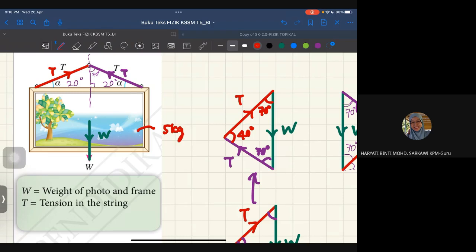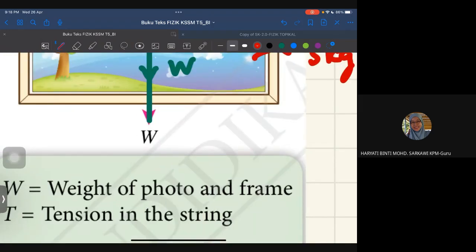You need to calculate W by using the formula from Form 4, W equals mg. M is 5 kilograms, g is 9.81. To make it easier I round off, but normally we will be using g equal to 9.81. Oh, Ian already helped to calculate.